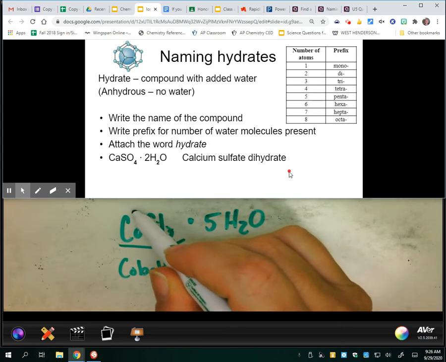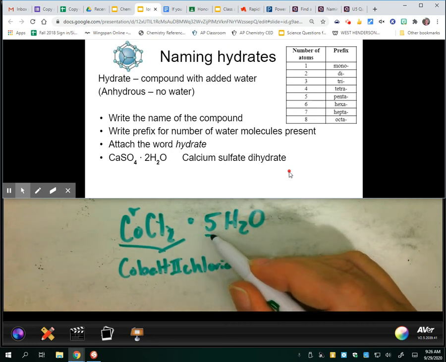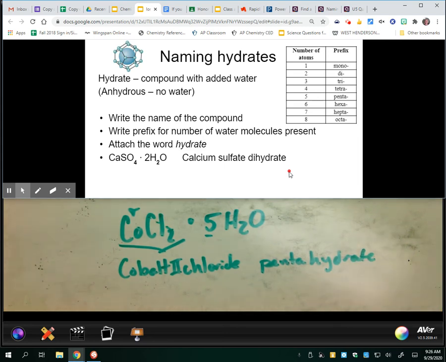And so for this one, that 2 came from cobalt. So this is cobalt 2 chloride. The prefix for 5 is penta. And then for water, we're going to write hydrate. So this is cobalt 2 chloride pentahydrate. Sounding smarter all the time.